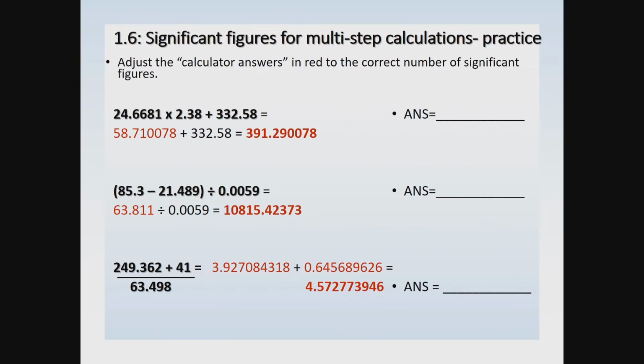If you multiply 24.6681 by 2.38, the answer you get on your calculator is 58.710078. So you should keep that in your calculator. However, you should note how many significant figures you have in that number, considering the fact that you just did a multiplication and you might apply the rules of significant figures for multiplication. So let's figure that out right now. That first number there has 6 significant figures.